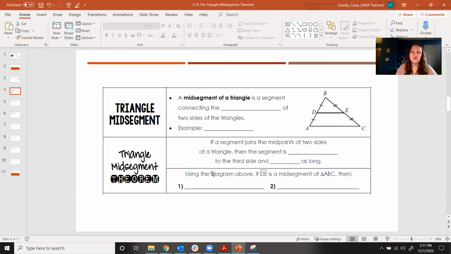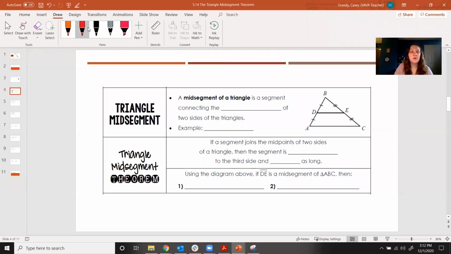All right, so the triangle midsegment is a segment that connects the midpoints of two sides of a triangle. Remember, a midpoint is the point in the middle.